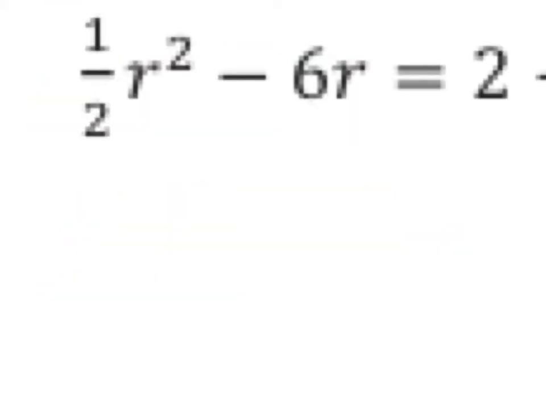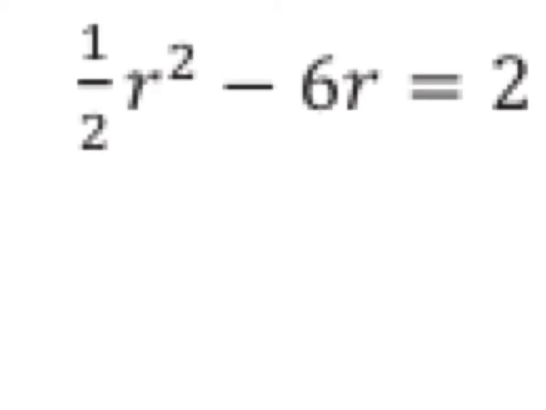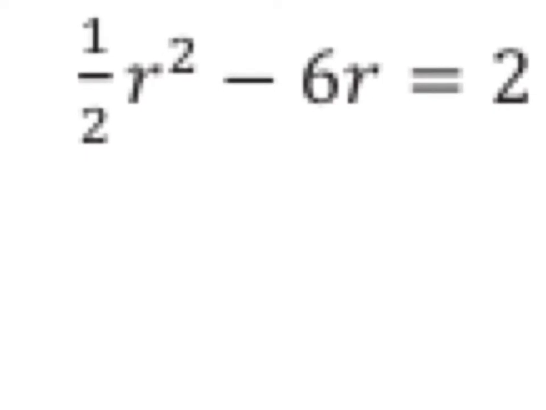1/2 r squared minus 6r equals 2. What do I need to do to this in order to get it into the proper form? Yeah, move the 2 to the left and make it minus 2.